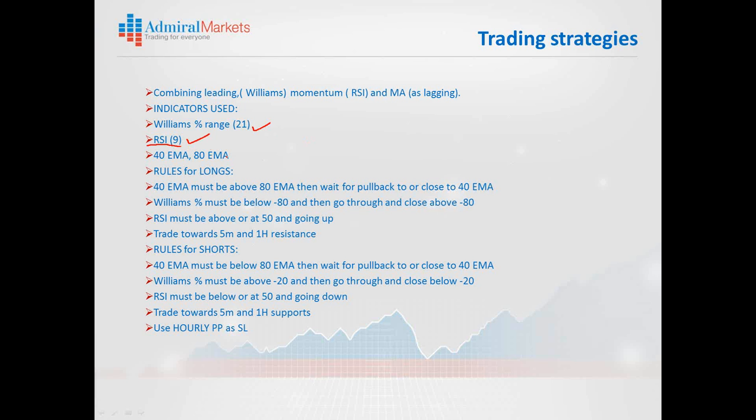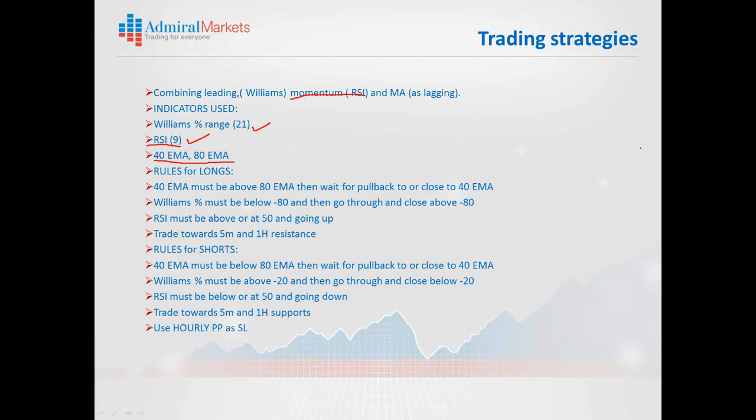In this strategy we use it as a momentum indicator, and that gives us a signal that the trend has already started and that the price is indeed in a trend mode. MA we use as a lagging indicator, but also as dynamic support and resistance levels.